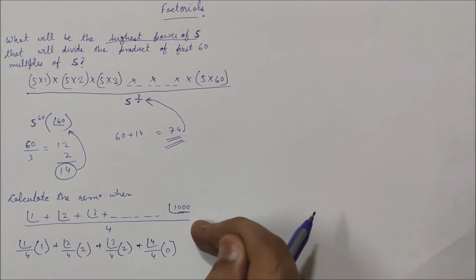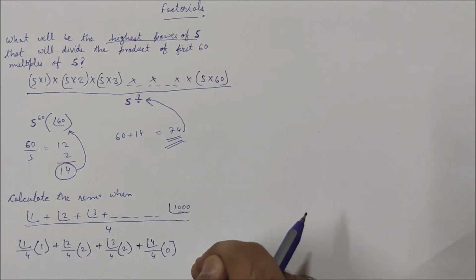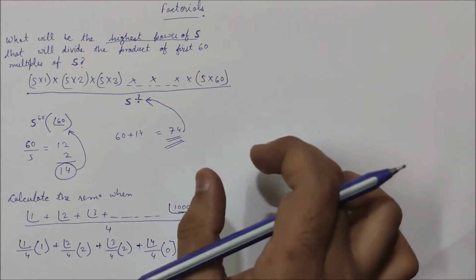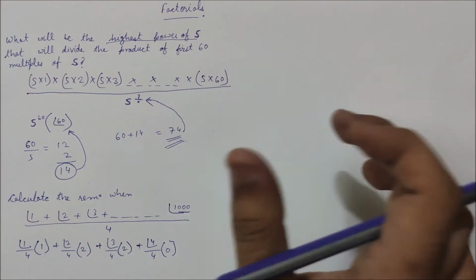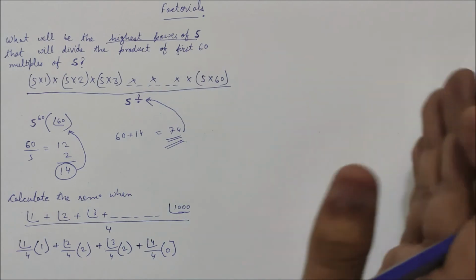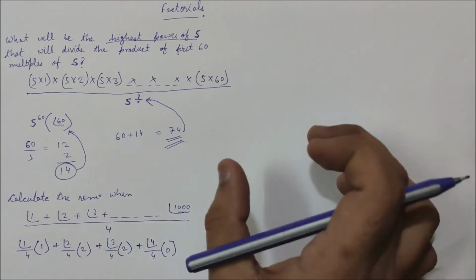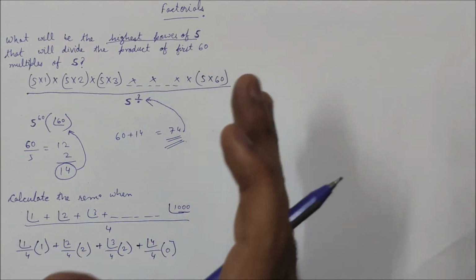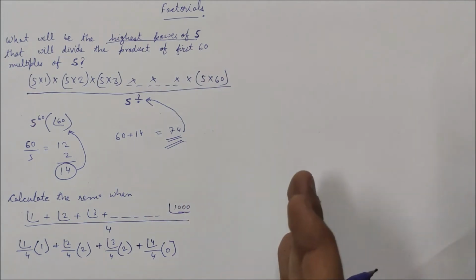Now when I talk about factorial 5 and I divide it by 4, I am talking about 1 into 2 into 3 into 4 into 5, or into 5 into 6, right? So there is obviously 1 into 2 into 3 into 4 present in the next coming factorials.